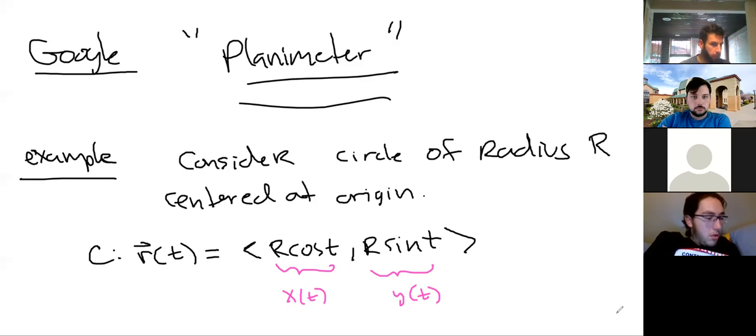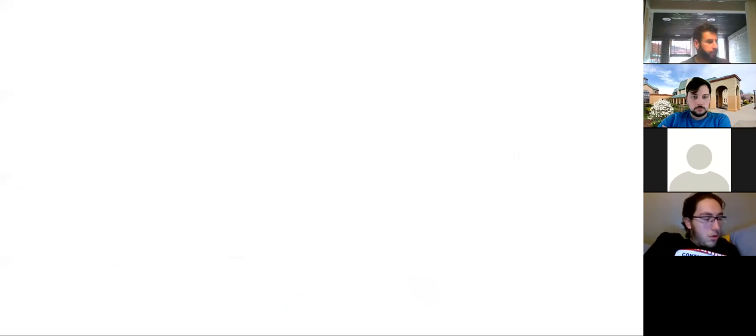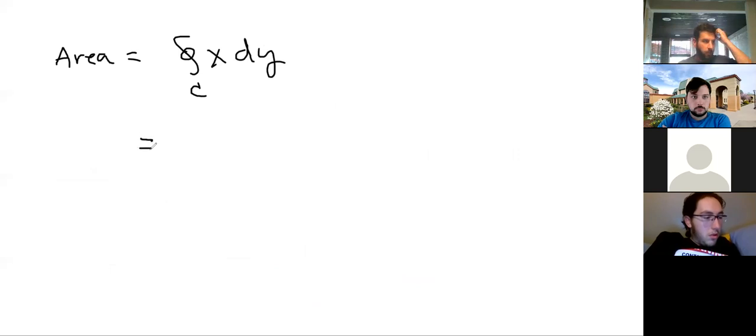Okay, so let's compute. What's the area? Let's use the first one. So the area equals this line integral of, let's use this, the x dy. Well, what is this line integral? Well, we know what x is. This becomes the integral from 0 to 2 pi, because that's where theta or t ranges.